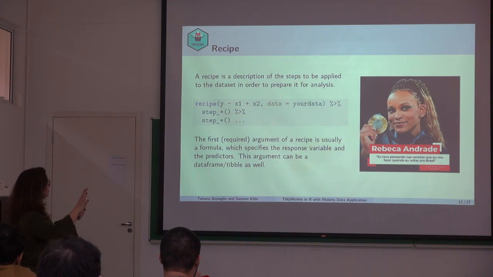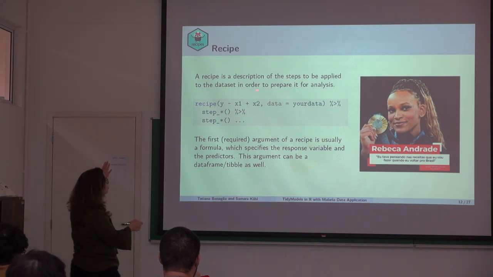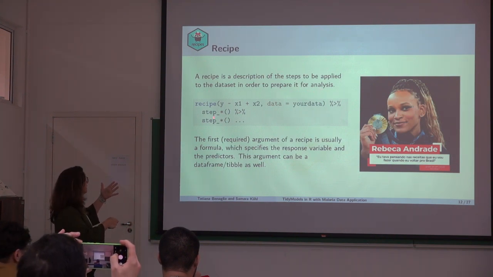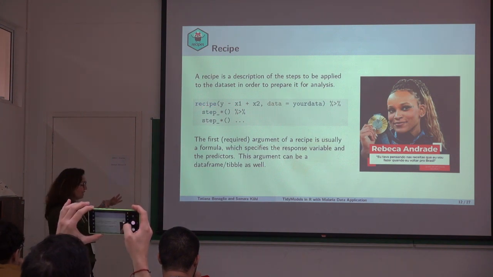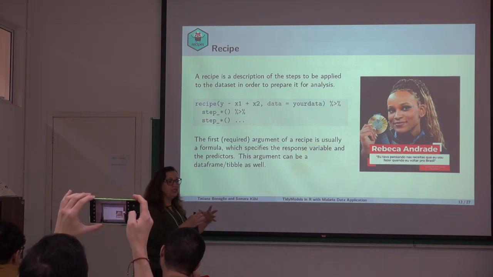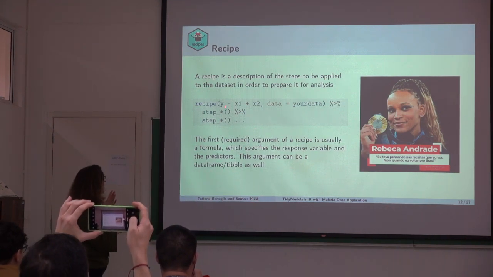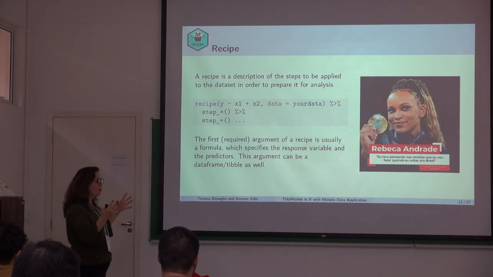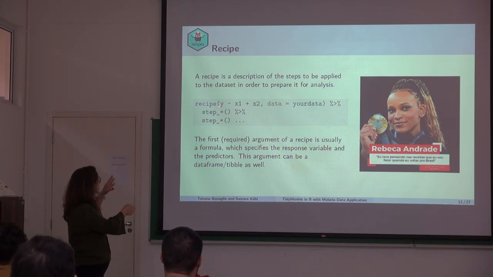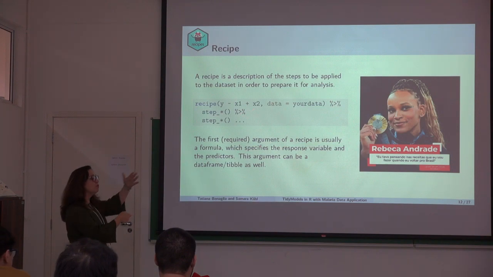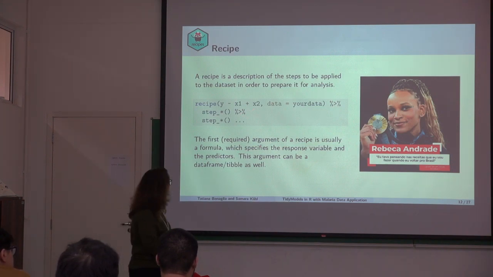So what is a recipe? Just for you guys to remember, it's a description of the steps to be applied to the data set in order to prepare it for analysis. The first argument of the recipe is usually the formula that you're going to use. The formula tells your model which one is the response variable and what are the features, the predictors.